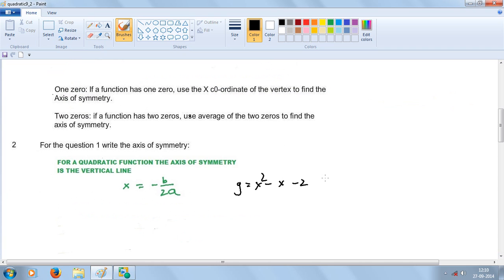The axis of symmetry is given by the formula minus b divided by 2a. b is minus 1, so minus of minus 1 divided by 2, and a is 1. So it is equal to half. That is the axis of symmetry.